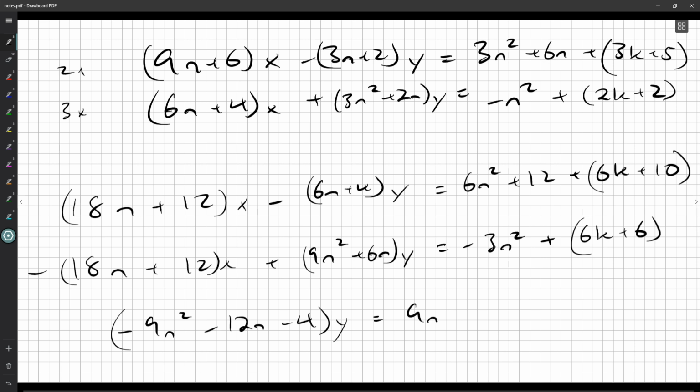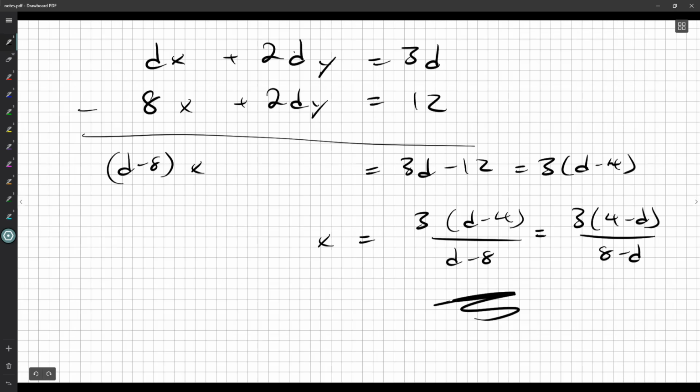Then we'll have 9n squared. Oh, this should be a 12n. Plus 12n, and then 10 minus 6 is plus 4. Oh, that's kind of nifty. So unless n satisfies this quadratic, which it may or may not, actually, 3 and a 2. Is this 3n plus 2 squared? Oh, it is. Cool.